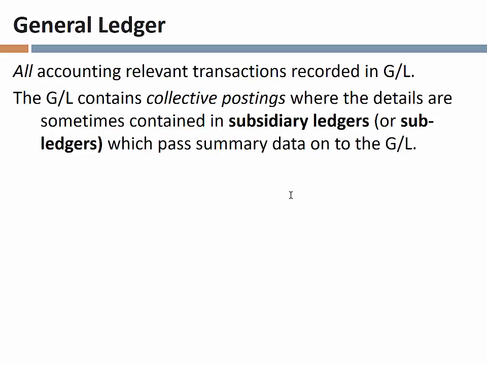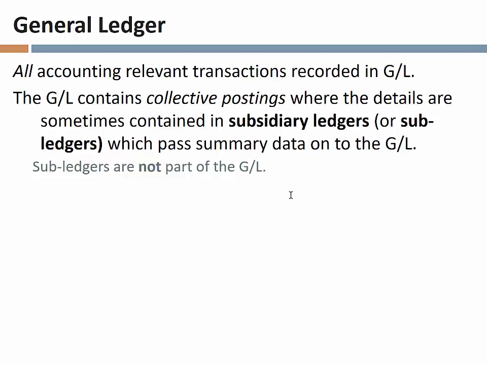Understanding the relationship between the subsidiary ledgers and the general ledger is a key element that you want to make sure you understand moving forward. The first thing to note is subsidiary ledgers and general ledgers work together extremely closely, but subledgers are not a part of the general ledger. They are independent of the general ledger, but they work in tandem in many transactions.